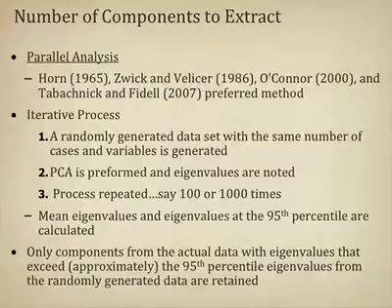So it's a looping, or iterative, process where we randomly generate a data set with the same number of cases and variables that you have in your data set. So we use SPSS, and we say, SPSS, just generate random.